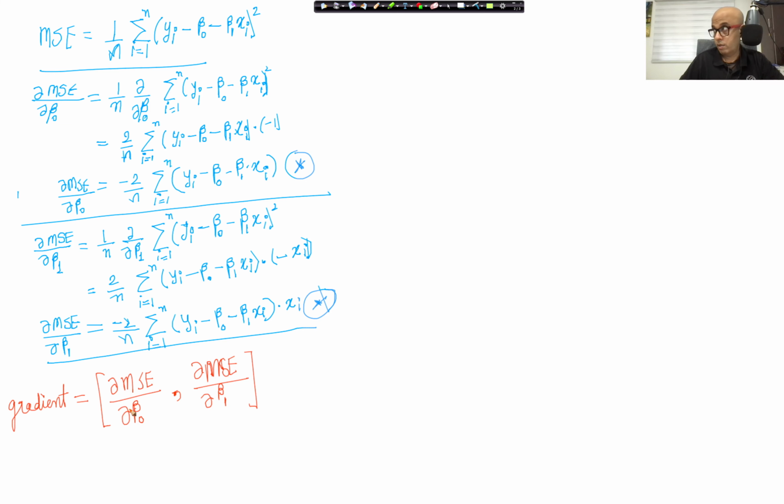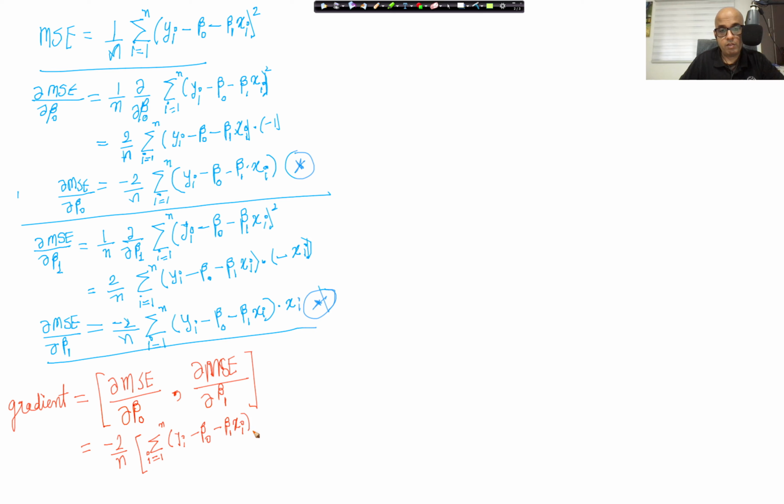And so if we put these two equations inside of this, we could take the minus 2 by n outside, and then what we have in here is the summation of i that goes from 1 to n, y of i minus beta 0 minus beta 1 x of i.